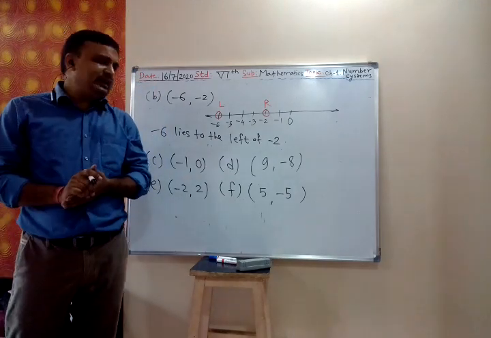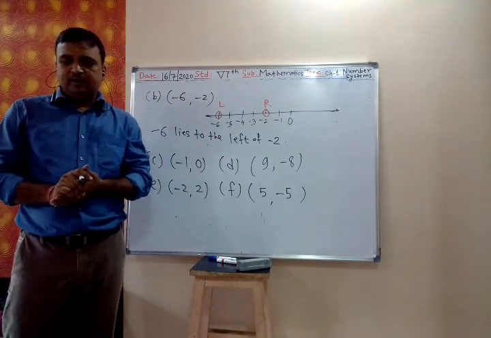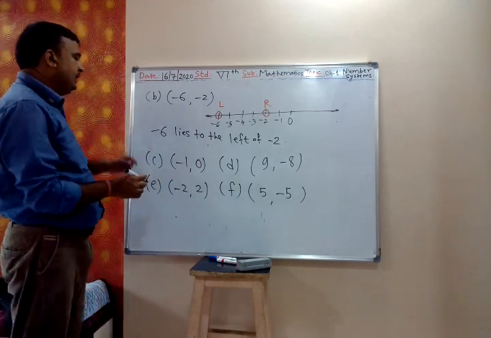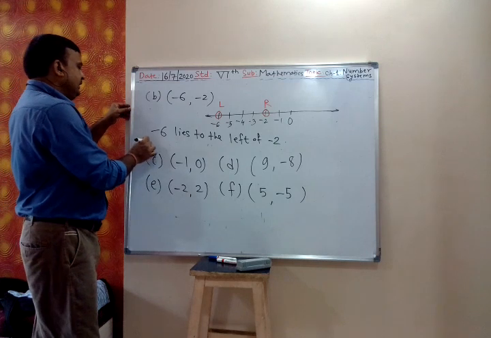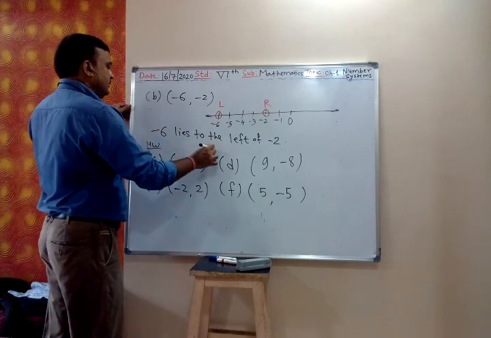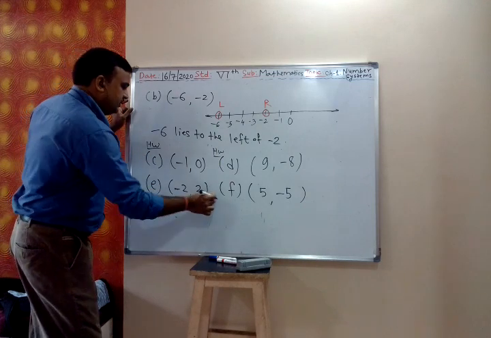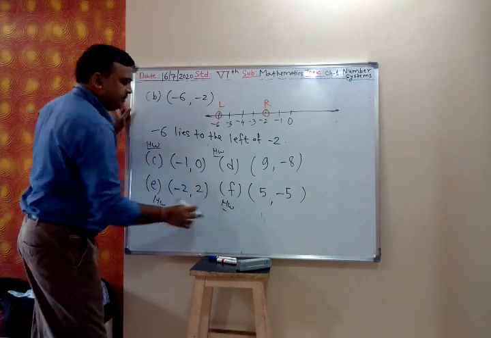You make it 5 comma minus 5 instead of 55. So C, D, E, F, these are homework. Which number is on the left?